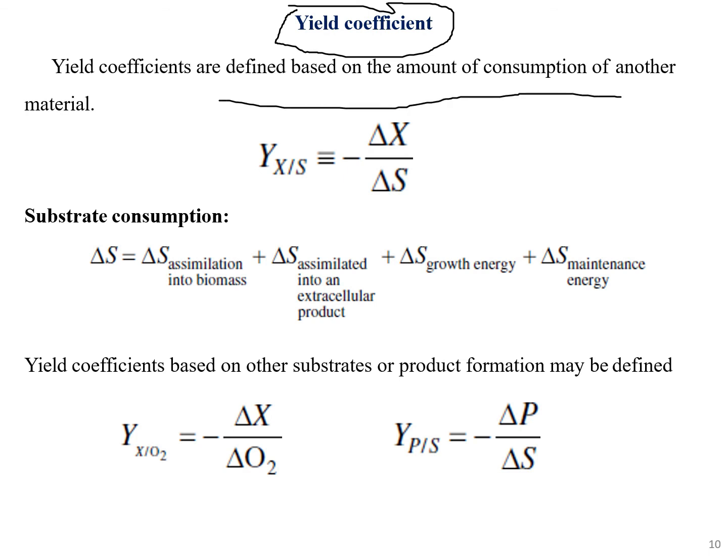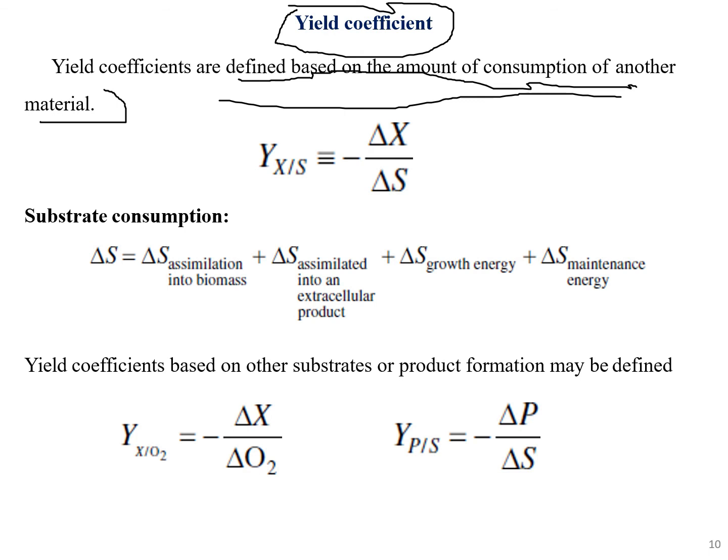Basically, the amount of nutrients that microbes consumed should be more or less equal to the amount of product that should be extracted. But let's see if it's equal or not.